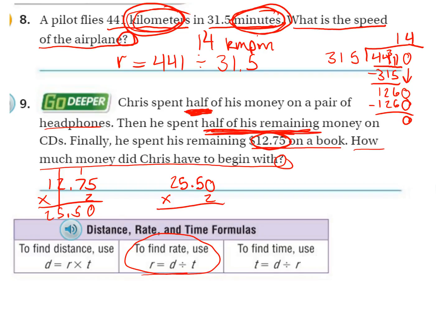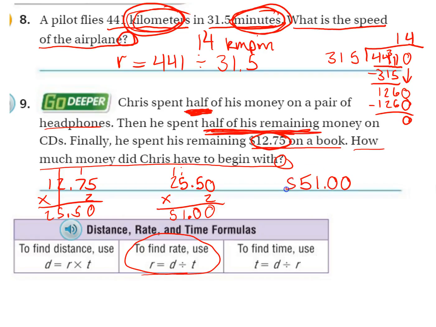But since they're starting me with how much money he ended up with at the end, I have to go backwards, so I have to do the opposite. The opposite of division is multiplication. So 2 times 0 is 0. 2 times 5 is 10. 2 times 5 is 10, plus 1 is 11. 5.